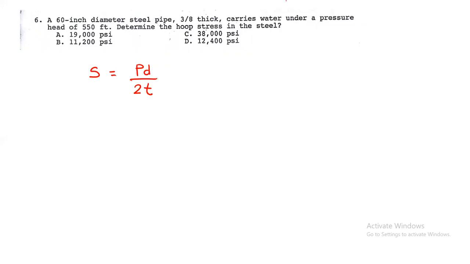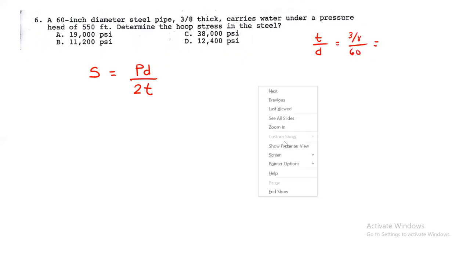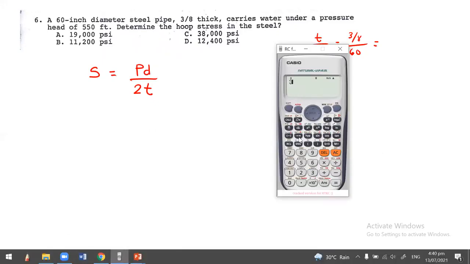So i-check muna nga pala natin kung thick wall or thin wall to. So thickness over diameter dapat equal yan sa 3/8 divided by 60. Ilan ba yan? 3/8 over 60.